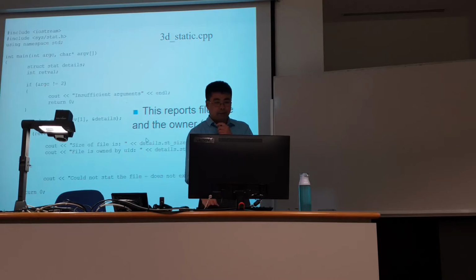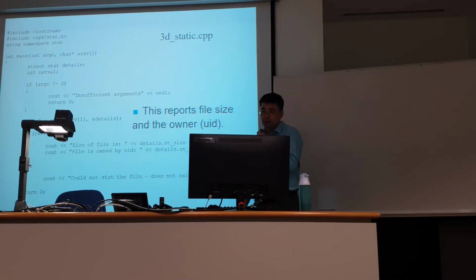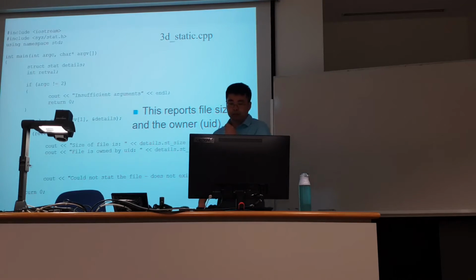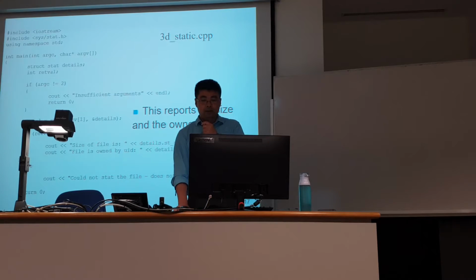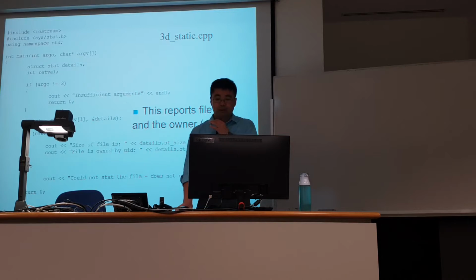So this is the program to find out the owner and the size. You can find the size here, and you can find the owner here. This is just a structure, so all the parameters inside the structure can be accessed. We don't have private parameters in the structure.